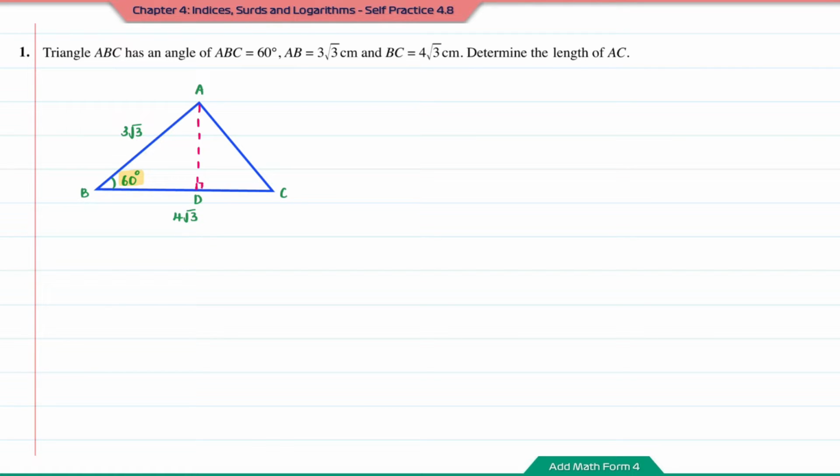Whenever you have a right angle triangle, you can always solve to find the length or the angle using the trigonometric ratios of sine, cosine, and tangent, or you can also use the Pythagoras theorem.